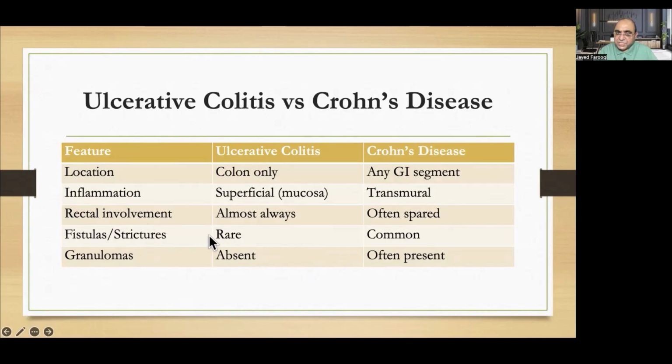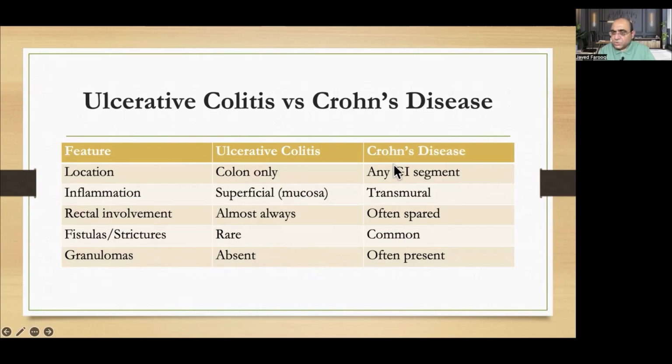Fistulae and strictures are rare, and granulomas are absent. These are the five main features of ulcerative colitis. It affects the colon only, it is characterized by superficial or mucosal inflammation, rectal involvement is almost always there, fistulae and strictures are rare, and granulomas are absent.